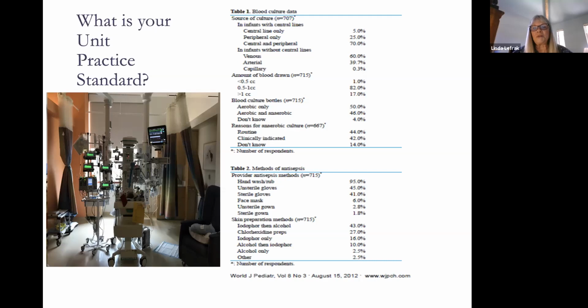And then there were areas where whoever was answering the survey actually didn't know what was happening in their unit. And I would encourage all of you non-nurses out there to find out what's happening in your unit, especially if you have concerns about the incidence of false positives or contaminants. Next slide.